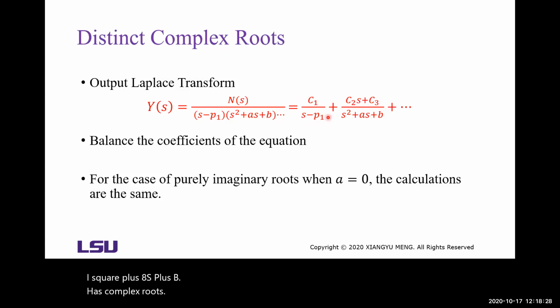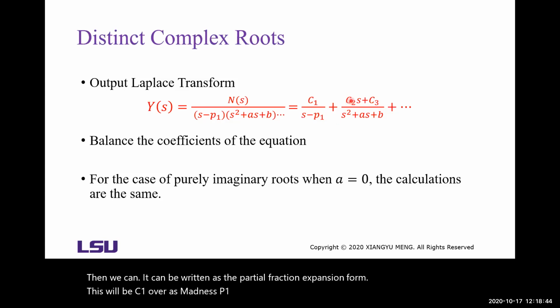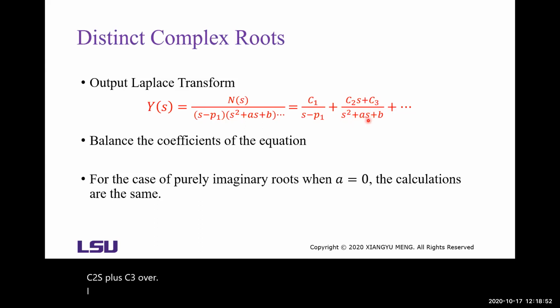Then it can be written in the partial fraction expansion form. This will be C1 over s minus p1, then plus C2 s plus C3 over s squared plus as plus b.